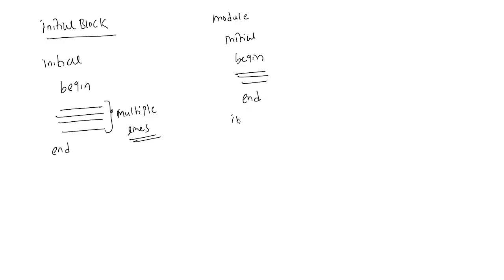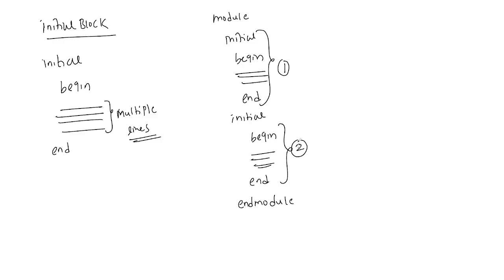Again you are writing initial, begin, and some statements, and end, and endmodule. Okay, this is one initial, and this is another initial. So when you are writing this code, which one will execute first?